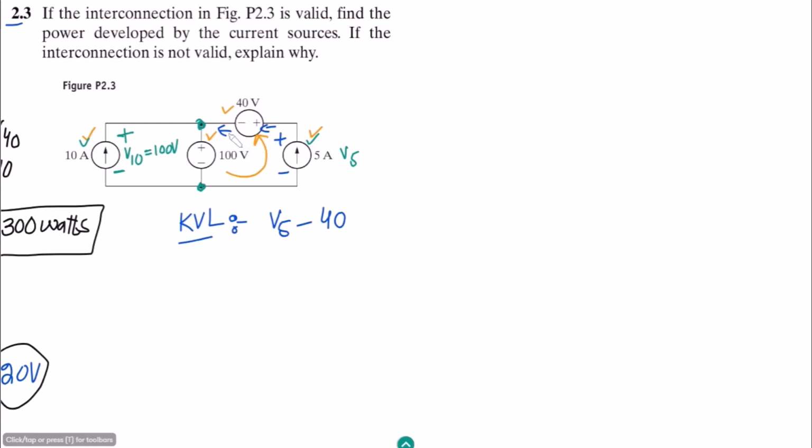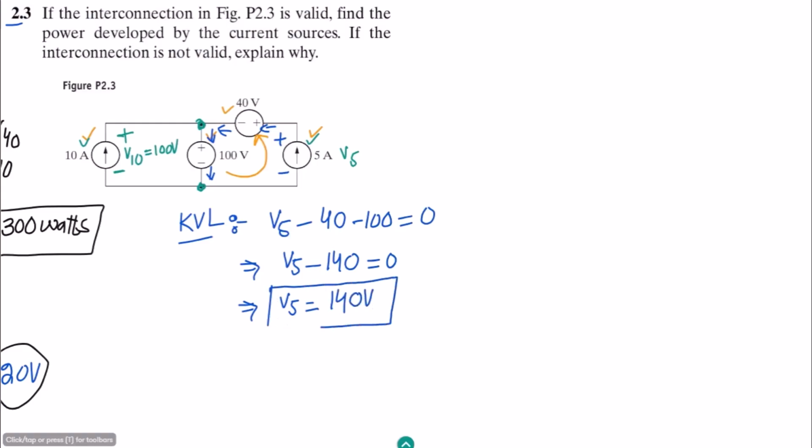Also, as the current is entering through this positive and coming out of the negative, this is minus 100 as well, and this is equal to 0. So minus 140 equals 0, and the value of V5 is 140 volts, and this is now known.